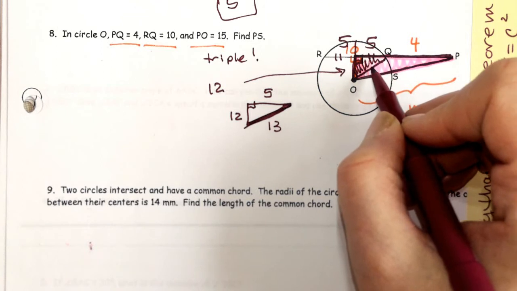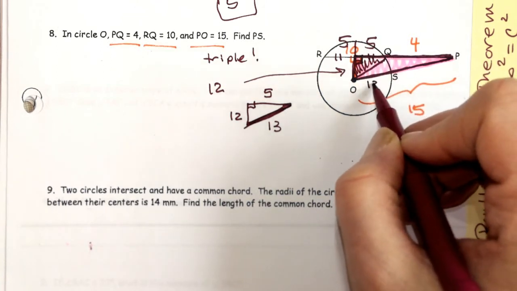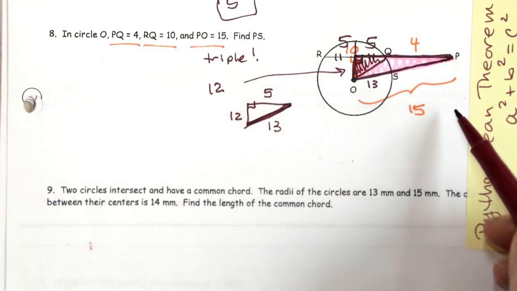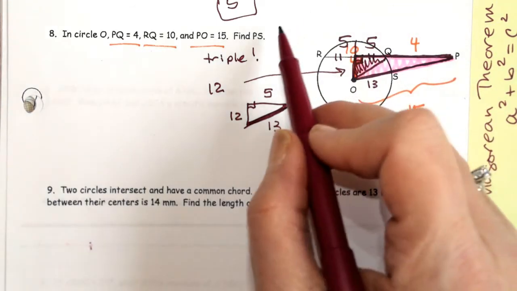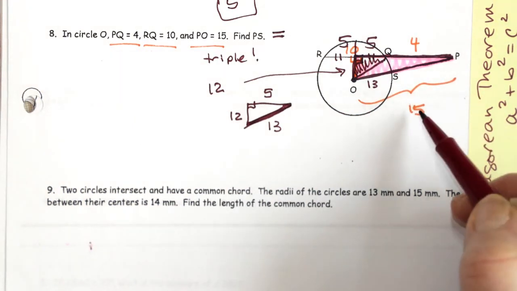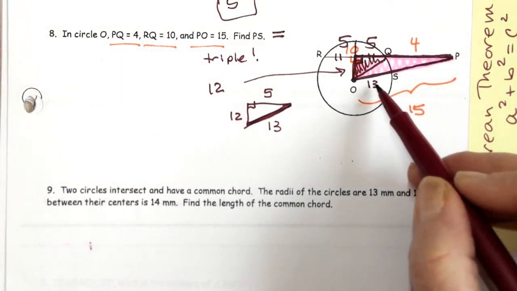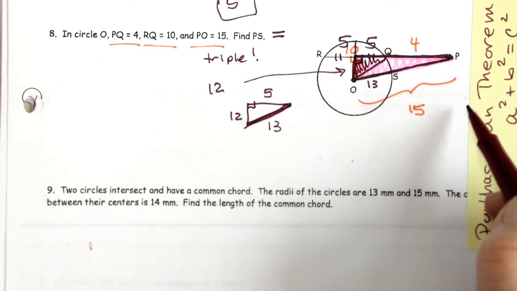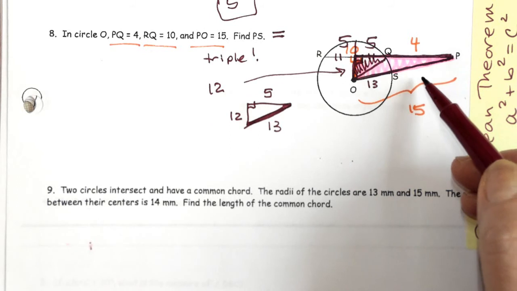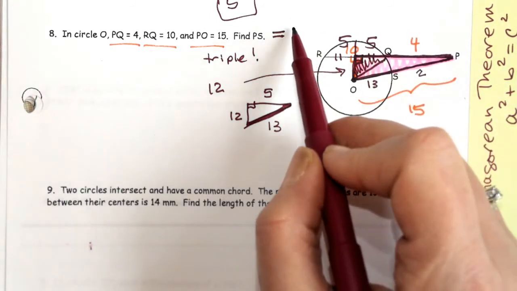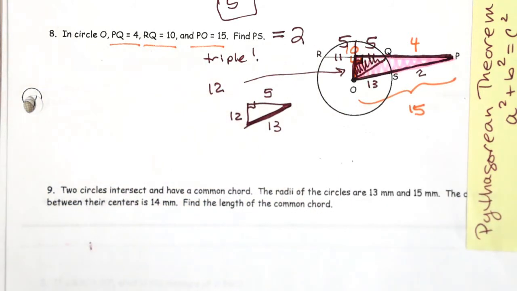Yay! So that radius is 13. And if the whole thing's 15, what's PS? This is 13. The whole thing's 15. What's this little guy? 2. Yay! And we're done.